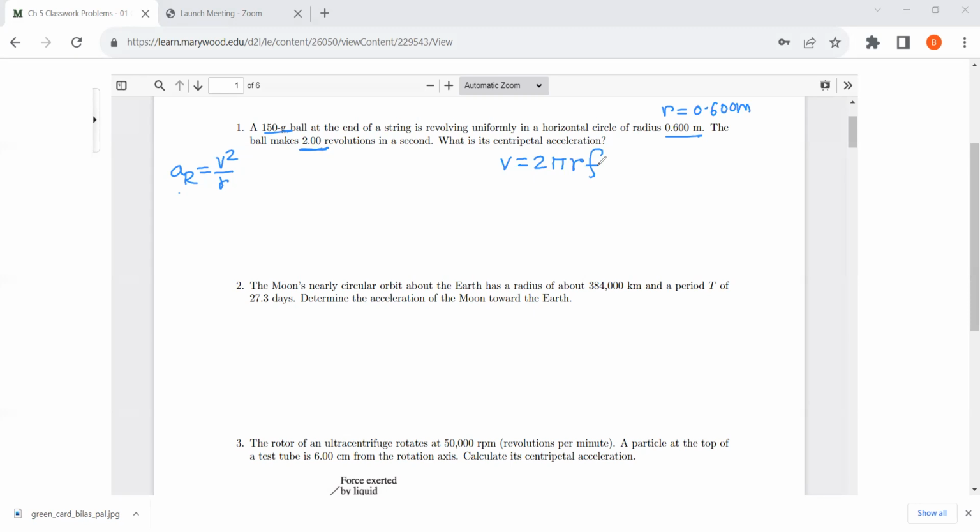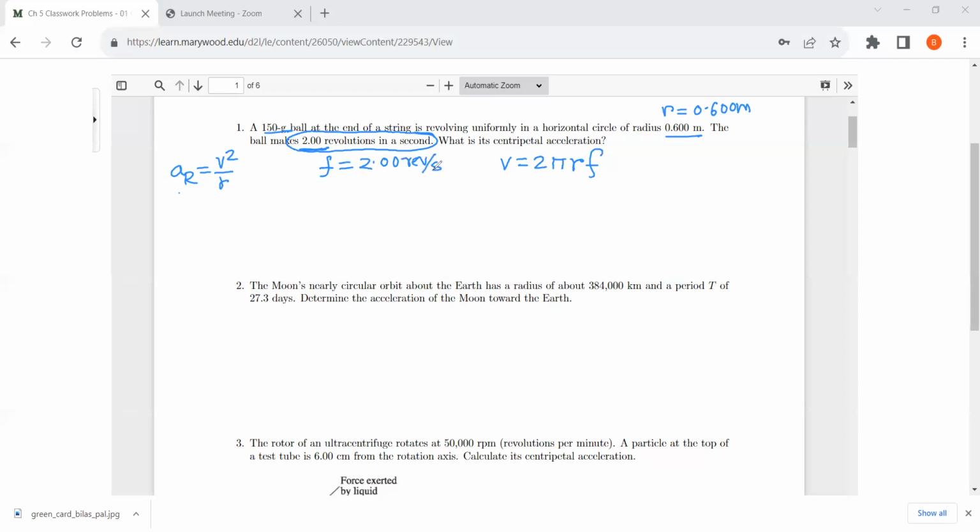Frequency is the number of full revolutions in 1 second. Here it tells us the number of revolutions in 1 second, that means this 2 is equal to the frequency. So we are given frequency equal to 2 rev per second.